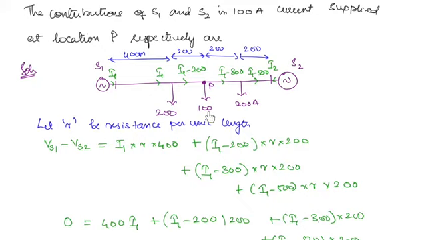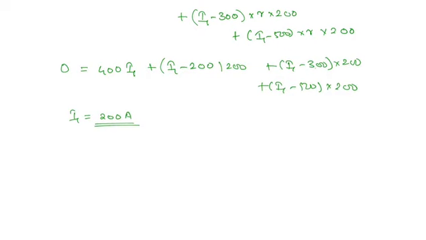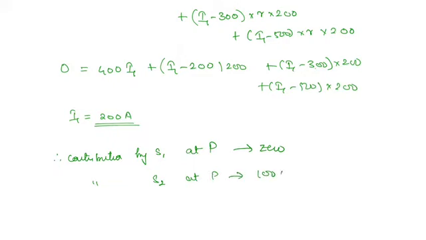It is going to be 0, and the contribution of S2 is going to be 100. All of the current is contributed by S2 only. Therefore, the contribution by S1 at P is 0 and the contribution by S2 at P is 100 amperes.